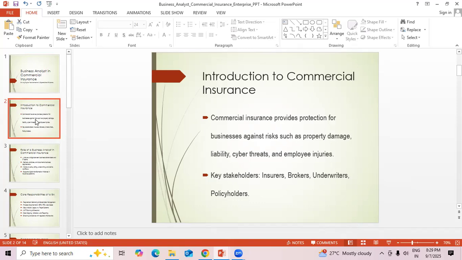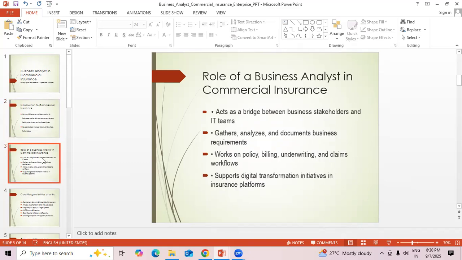This is all related to protection against risk. There are many key stakeholders like insurers, brokers, underwriting companies, policyholders. These are all the users or key stakeholders.